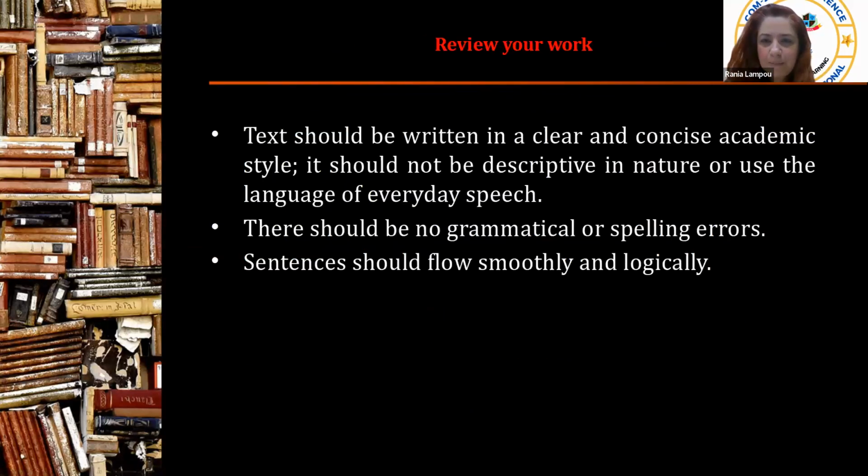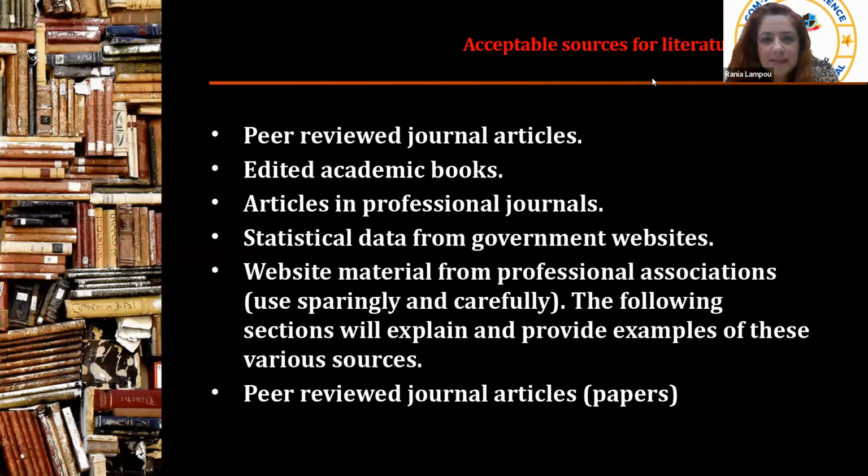And check, of course, for grammatical and spelling errors. Sentences should flow smoothly and logically. Text should be written in a clear, concise academic style, and acceptable sources for literature reviews are these, which you are familiar with: peer-reviewed journal articles, edited academic books, and articles in professional journals.